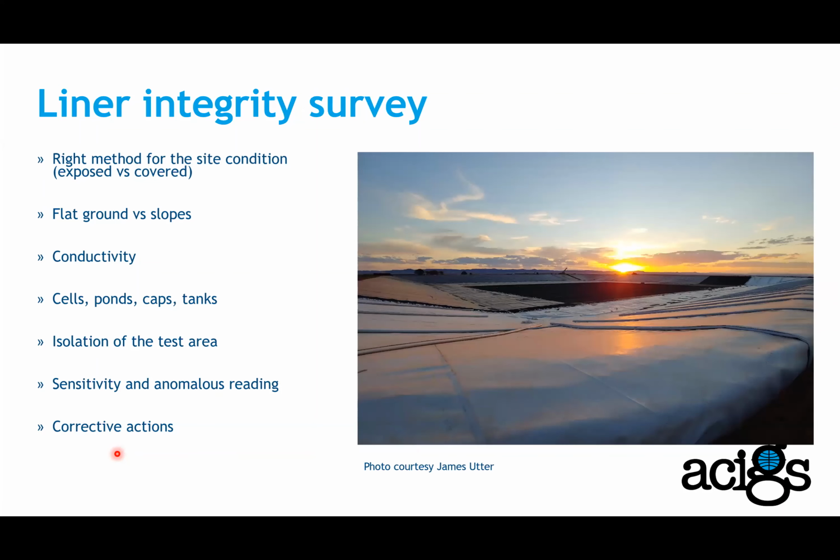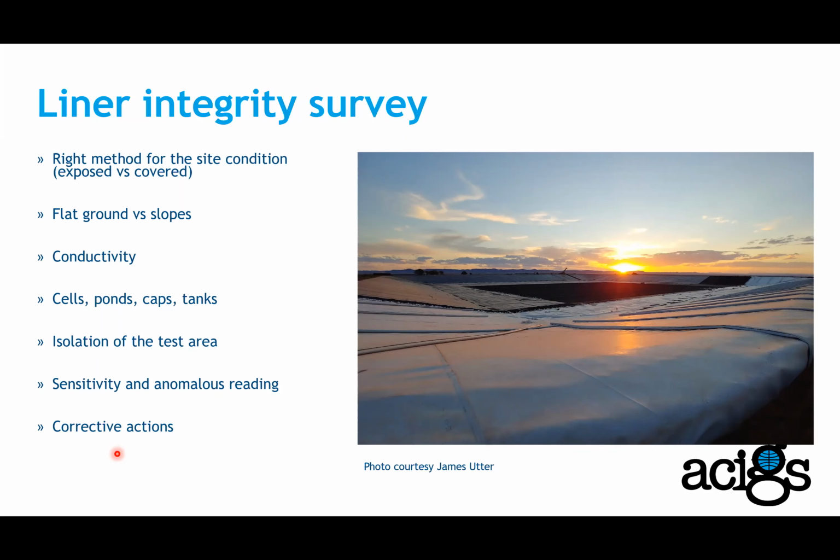And liner integrity survey. So this is becoming a very common exercise in most of the facilities we build in Australia these days. And in my opinion, it's a very good thing to see that after we take all of the care with the material conformances, with identifying the defects, also all of the CQA exercise during the installation of the material, there are still chances for holes or damages or tears in the material as they are placed during the construction.